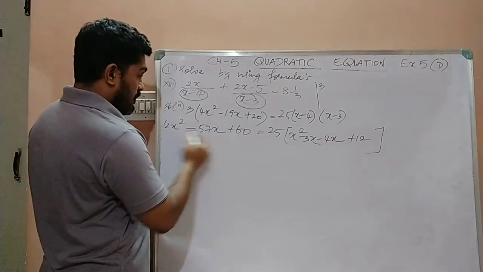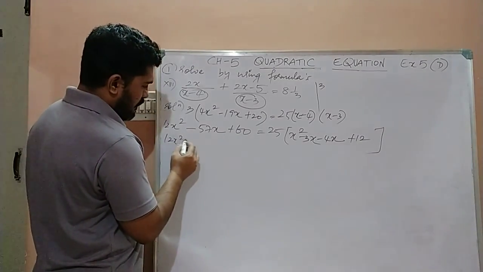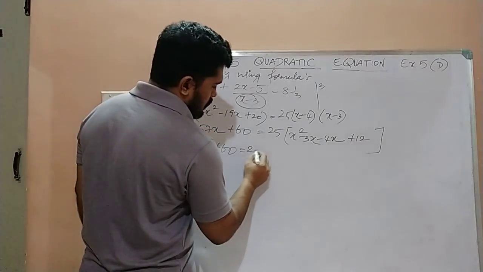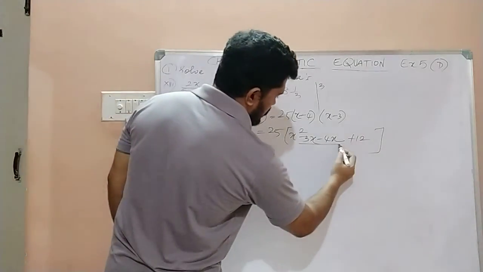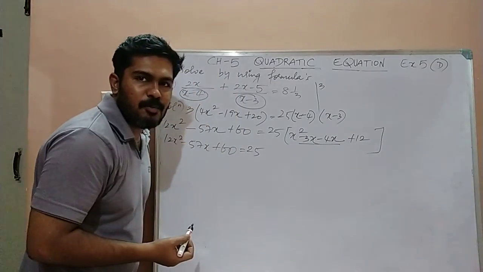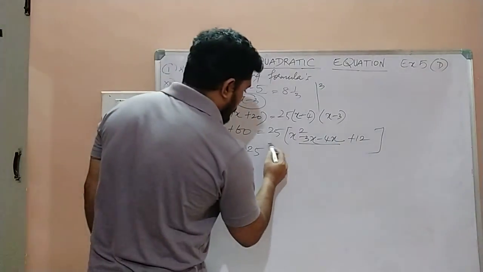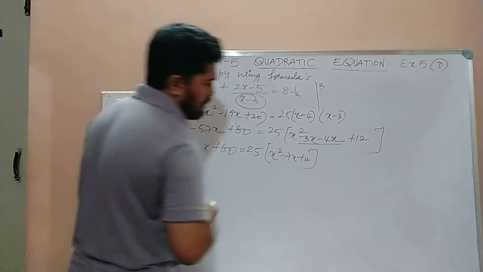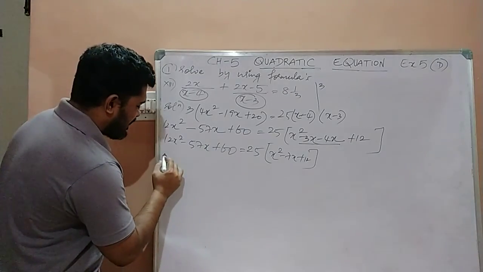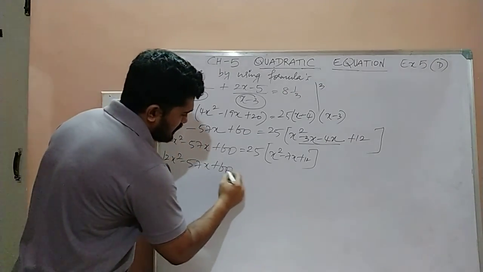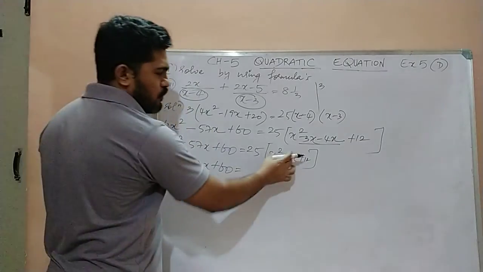Easy? Now children, here we have 12x square minus 57x plus 60 is equal to 25. Let us simplify this. Minus 3x minus 4x is how much? Minus 7x. So it can be written as x square minus 7x plus 12. Easy? Now children, 12x square minus 57x plus 60 is equal to, let us open this bracket.